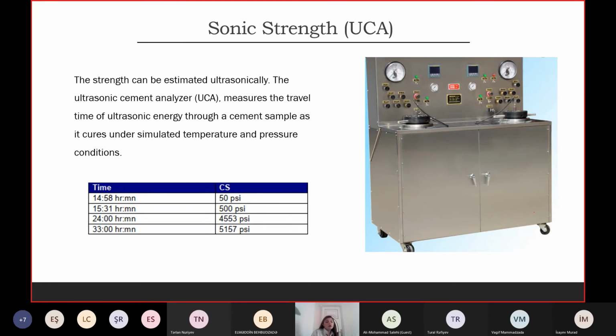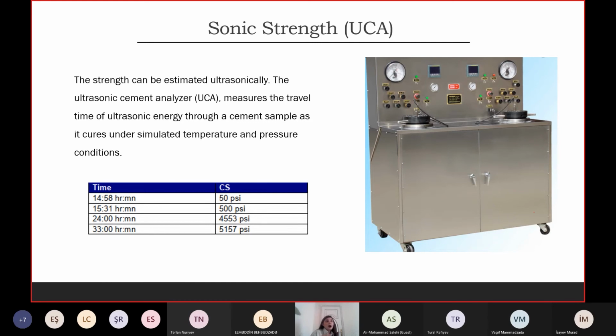I have also put one table here. This is how we provide this result to the client, or to any evaluation of whether this cement is fit for the purpose of the job. You can see it gives us 50 psi compressive strength in 15 hours, and 500 psi in 15 hours 30 minutes, and we get 5000 psi in 33 hours.